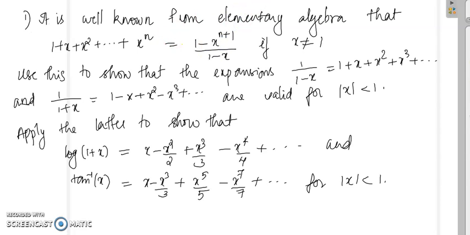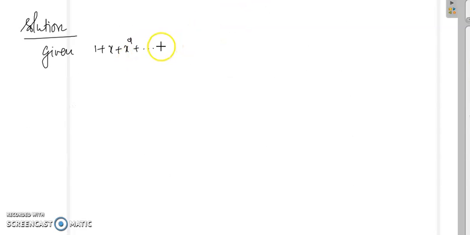So we are given that 1 plus x plus x square plus etc. x raised to n will be equal to 1 minus x raised to n plus 1 by 1 minus x.